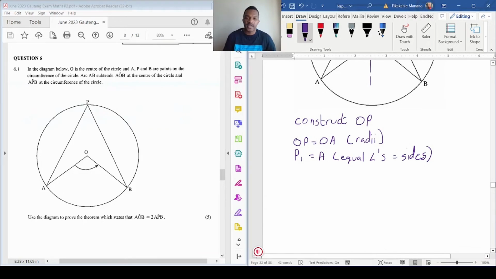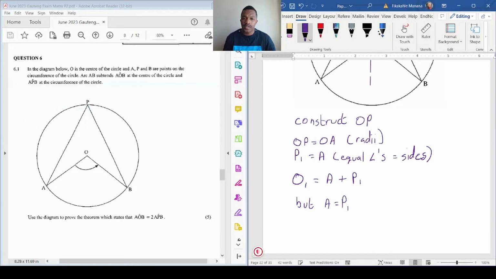Now let's write that. So I'm saying O1 is equal to A plus P1. But we've already proven that A is equal to P1.